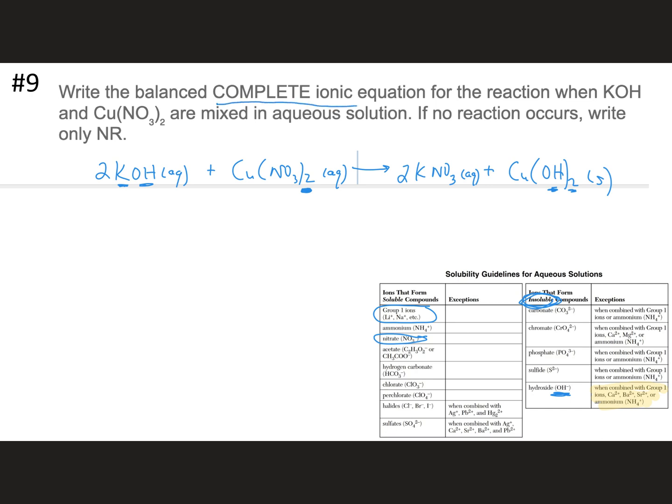Now we need to write the complete ionic equation. The complete ionic equation basically is anything that's aqueous in solution is written as ions in solution.